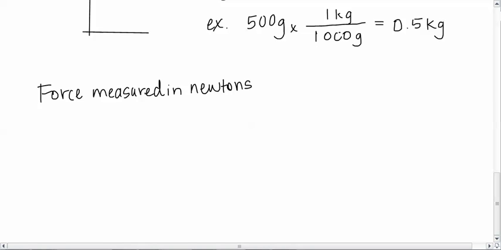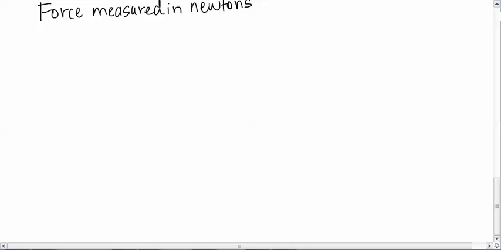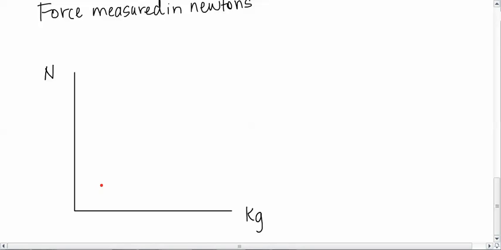Alright, now that you have completed your data and hopefully you have created a graph to represent your measurements, you should have had kilograms as what you varied and newtons as what you observed, and hopefully your data looks like this.